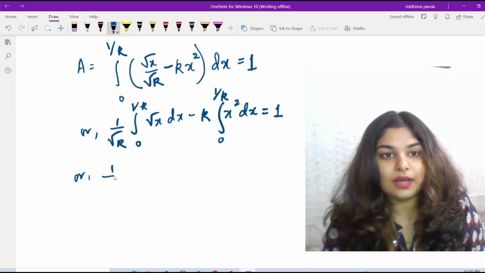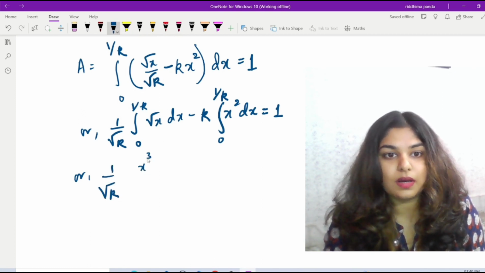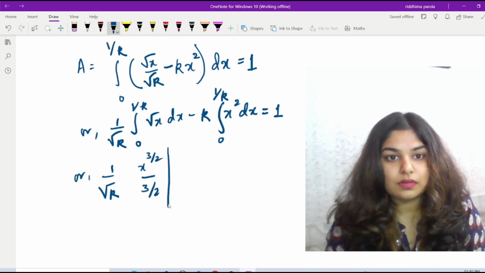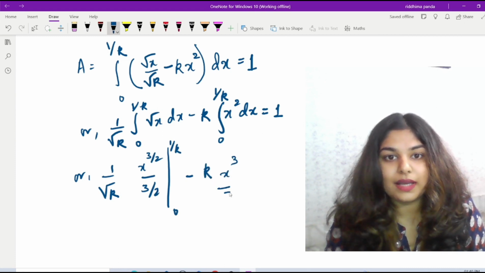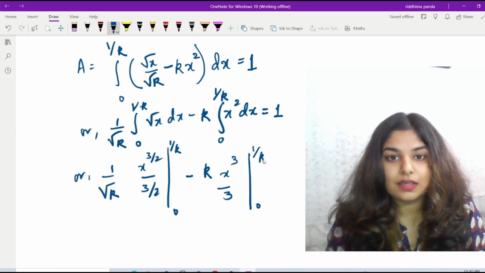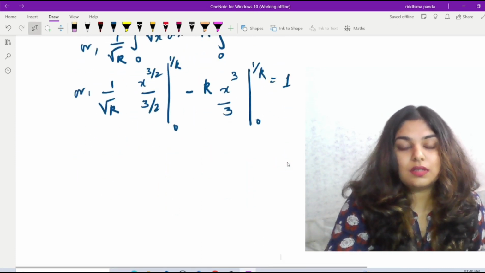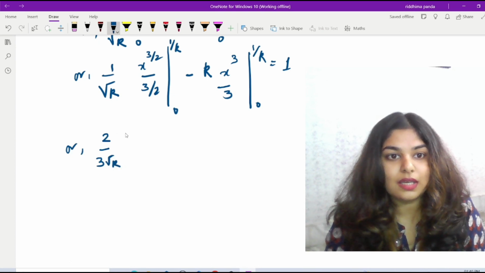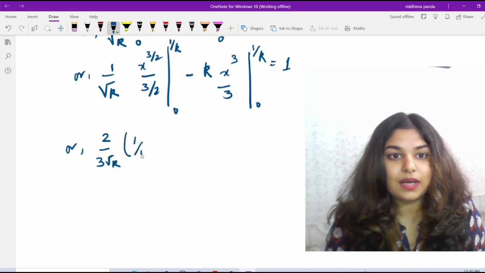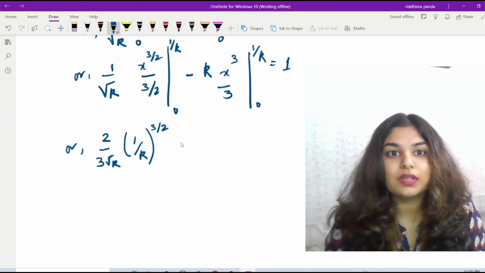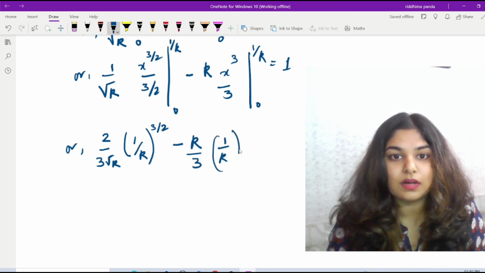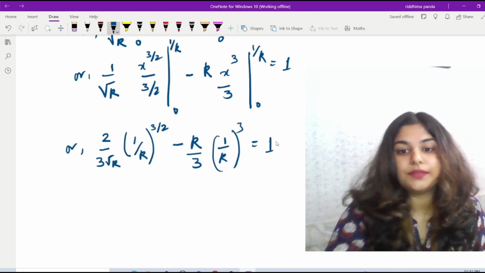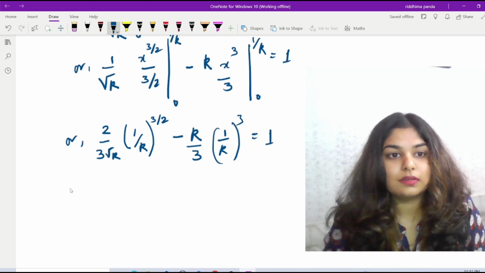This is (1/√k) times x^(3/2) divided by 3/2, from 0 to 1/k, minus k times x³/3 from 0 to 1/k, equals 1. Substituting the values, we get 2/(3√k) times (1/k)^(3/2), minus k/3 times (1/k)³, equals 1.